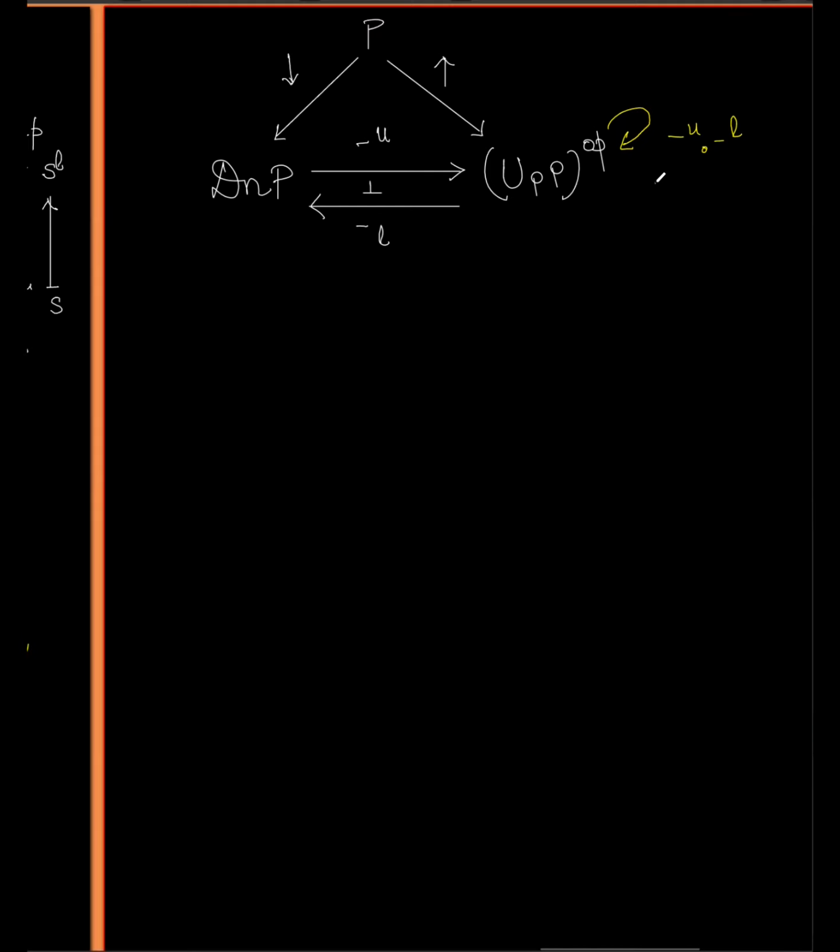So you take a set, first you take its set of lower bounds and then you take its set of upper bounds. So let's write this as LU. And similarly over here, this is UL. Okay.